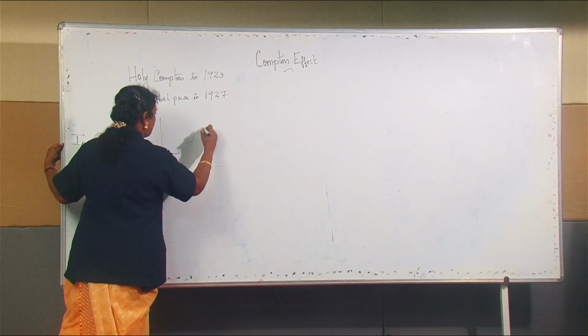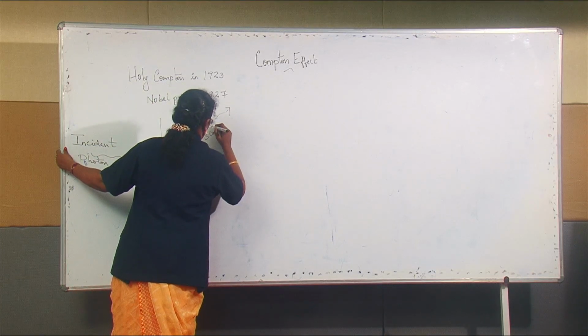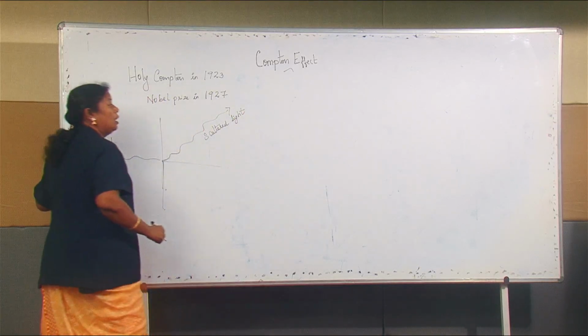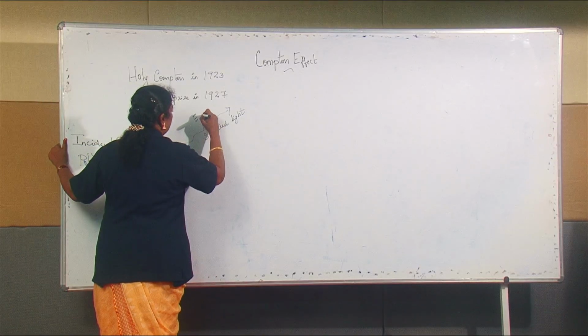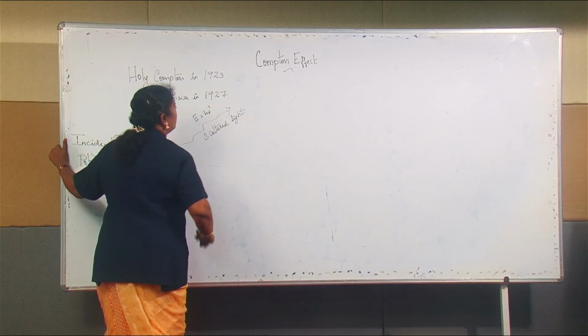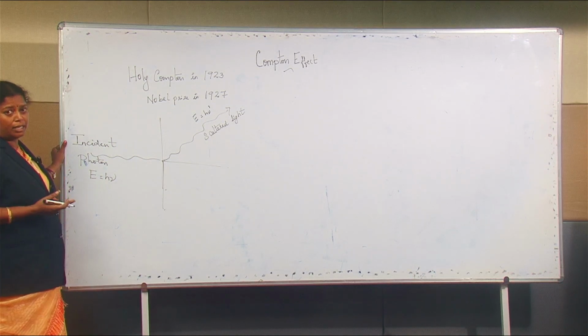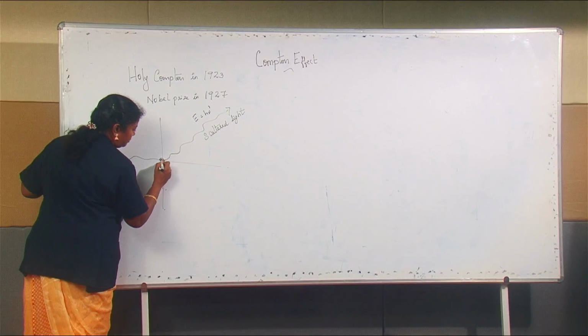If you observe the scattered ray, the energy is decreased, E is equal to h nu dash. The frequency is decreased, or in another way of saying it, the wavelength is increased. Here there is an electron at rest.